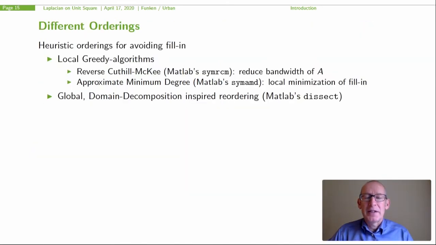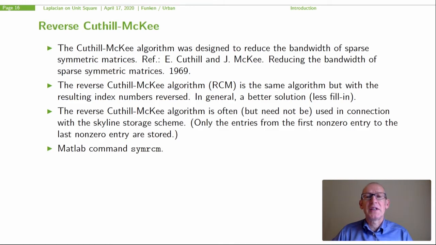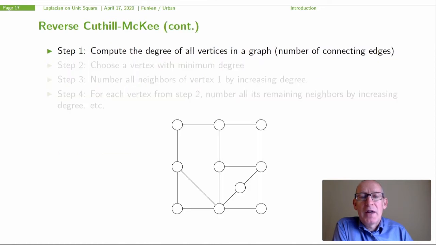Okay, that's the reason for the fill-in we have in mind, and now let's have a look at the reverse Cuthill-McKee method. I want to reduce the bandwidth, and this method, already 60 years old, is some kind of heuristic. So let's start with this model graph, and how does the Cuthill-McKee algorithm work?